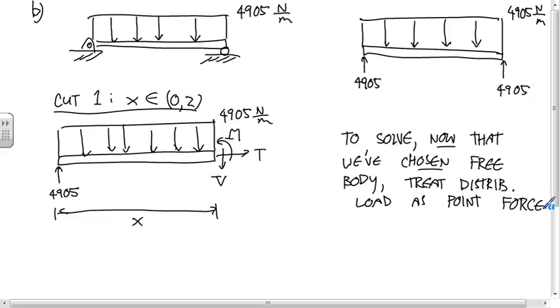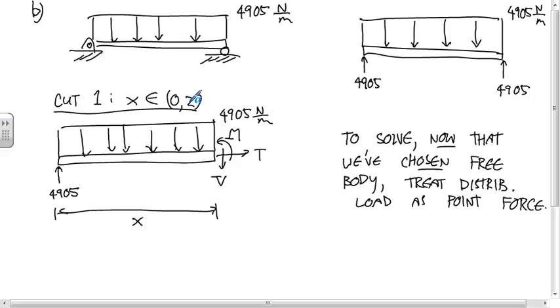But notice that this free body is not the original body in the problem. It's not the full beam. That centroid is not going to be at 1 meter. That centroid is going to be at the centroid of whatever this is. It's going to depend on the x value.